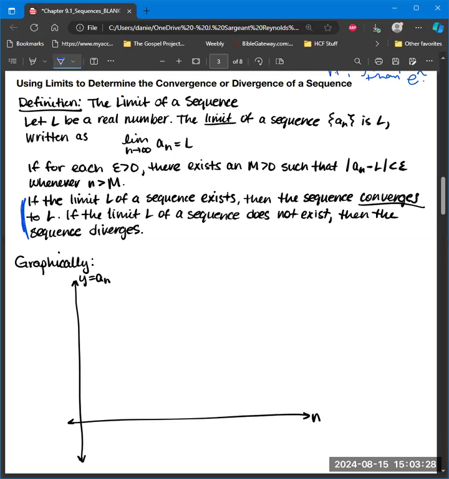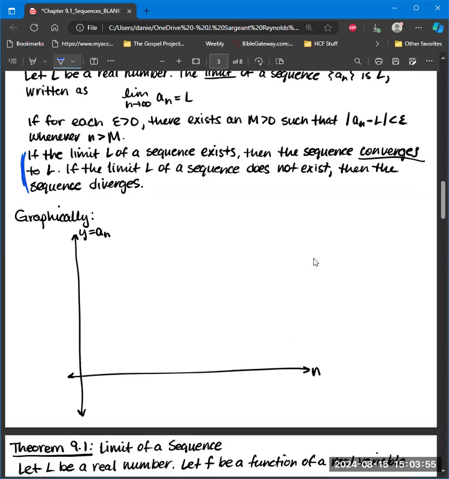So if this limit as n goes to infinity exists, the sequence converges to L. If the limit as n goes to infinity of the nth term does not exist because it oscillates or it goes to infinity or negative infinity or something like that, then the sequence diverges.